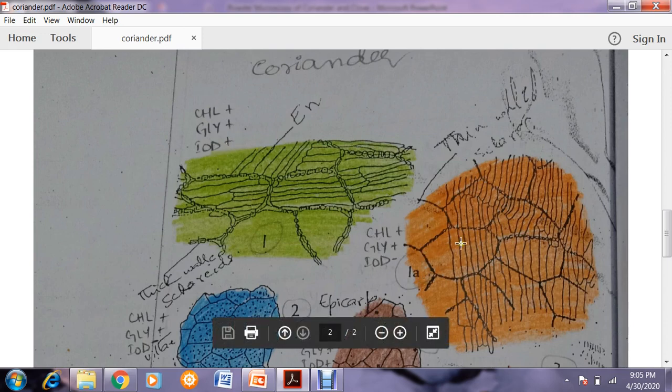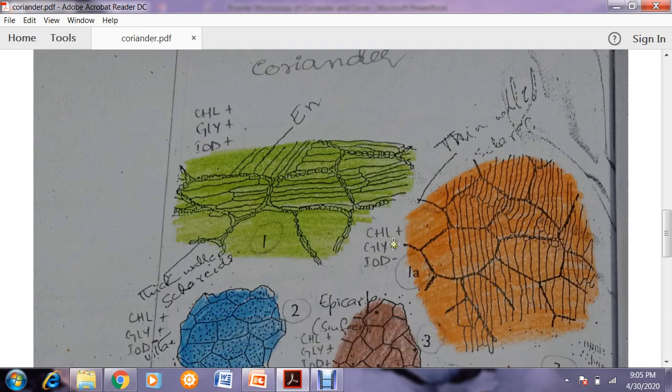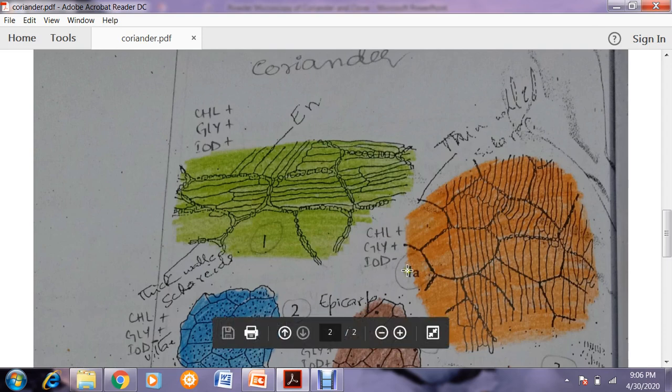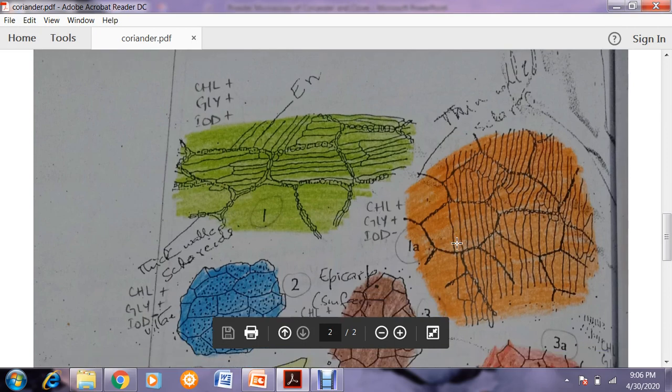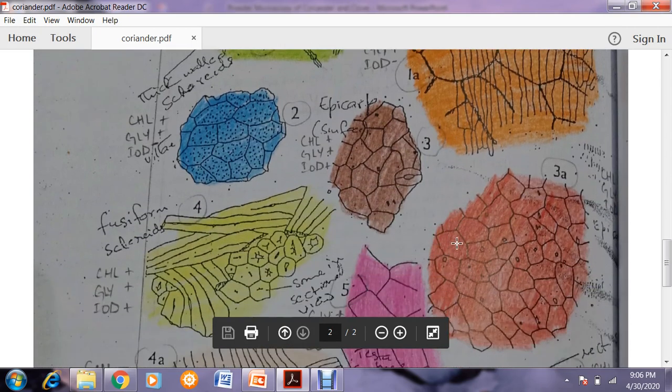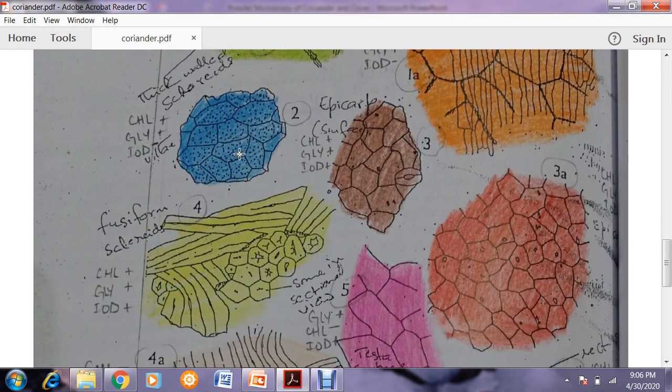While the thin-walled mesocarp cells we have seen in chloral hydrate and glycerin, but in iodine they were absent. In the same way, all of these features will be observed under the microscope, and you will write a plus sign if you were able to see it in a specific reagent. If you are unable to see it in the reagent, then a negative sign will be marked.